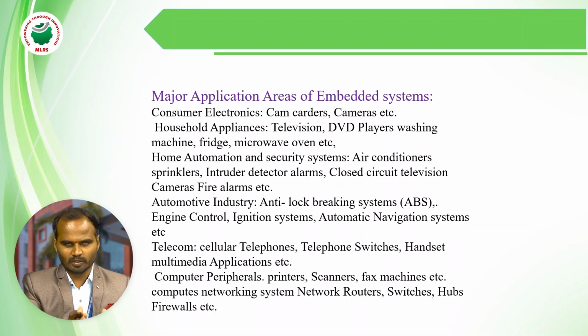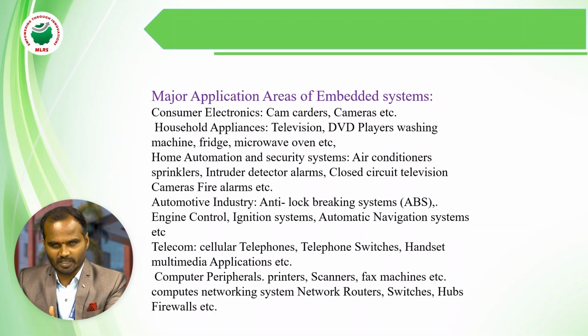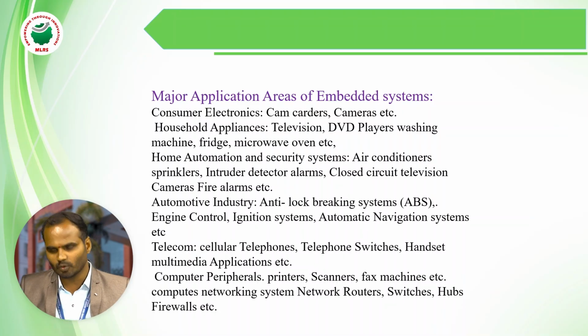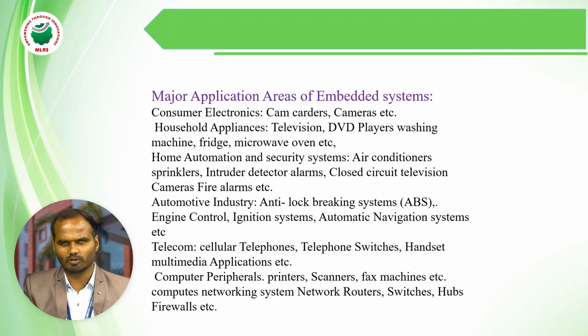We are only discussing the purpose of the embedded system. The washing machine only washes clothes, the fridge only cools the items inserted into the refrigerator, and the microwave only heats objects or food items inserted into it.